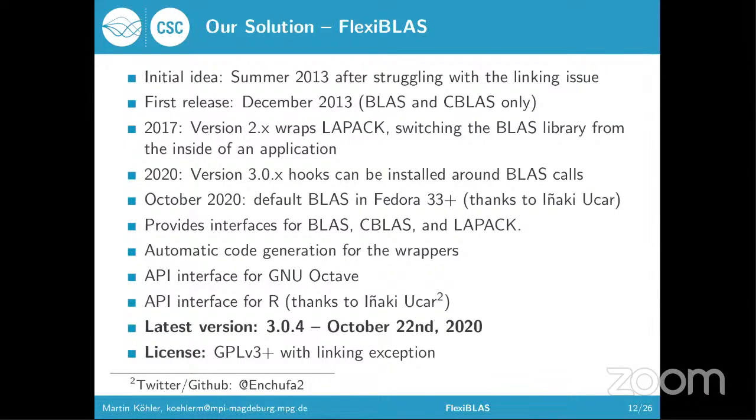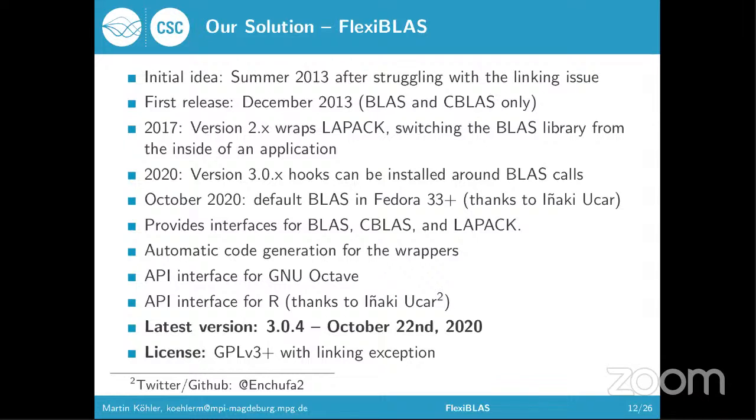Here we have interfaces for BLAS, CBLAS, and LAPACK. As I said, since version 2, we have an automatic code generator for the wrapper functions we have inside. We have an API interface for GNU Octave, so that you can do this switching even from inside your Octave scripts. A similar interface is available for R, and last October, we released the latest version, 3.0.4.